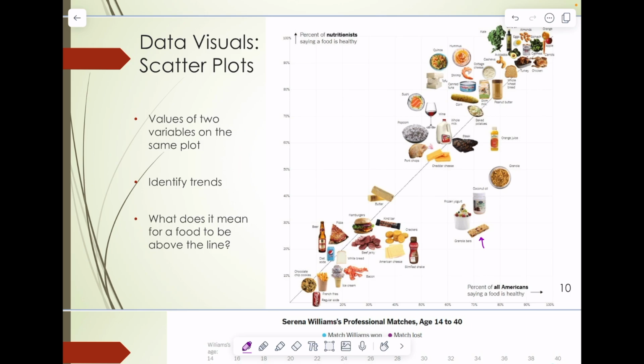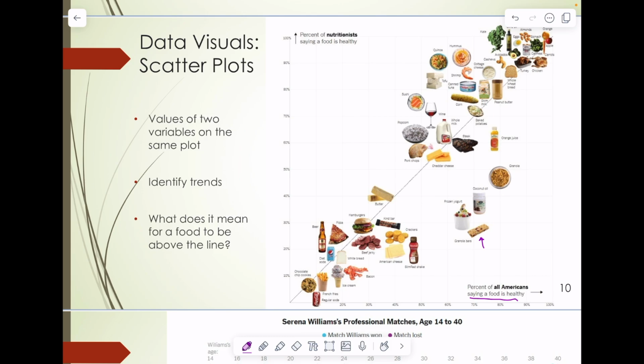So a scatter plot allows you to look at two different variables. In this case, we have a big list of foods. Associated with each food is the percentage of all Americans that say that that food is healthy, and that number is plotted on the x-axis. And then on the y-axis, you have the percentage of nutritionists that say that this food is healthy.